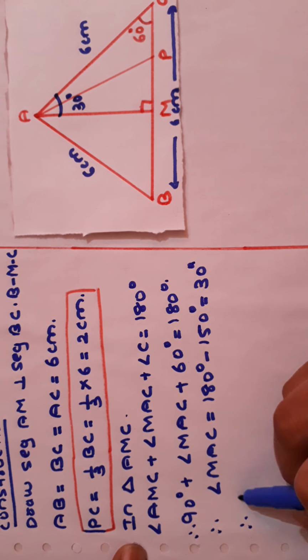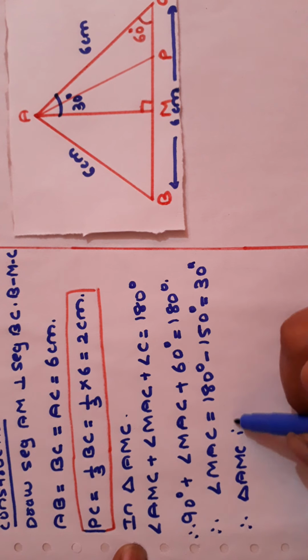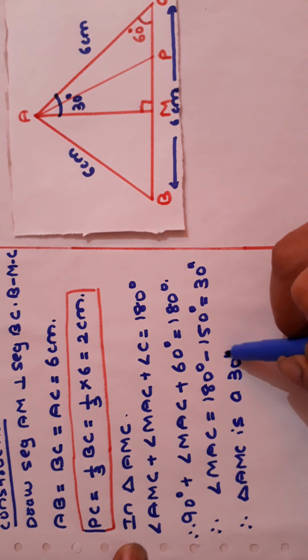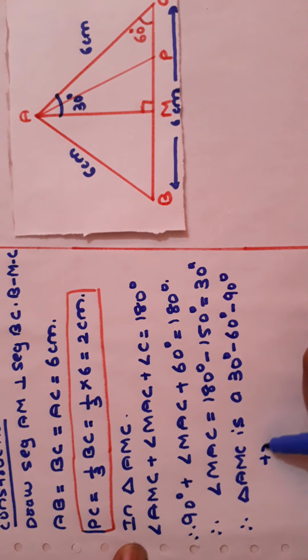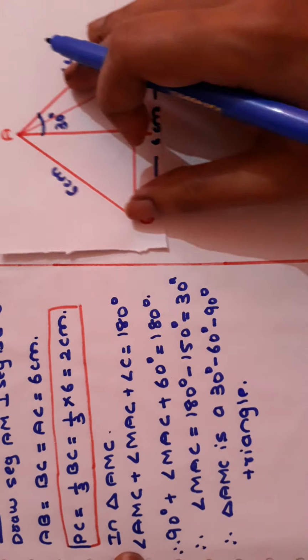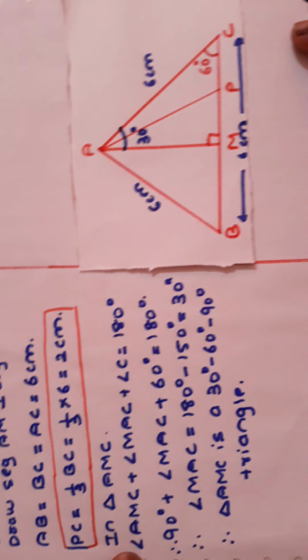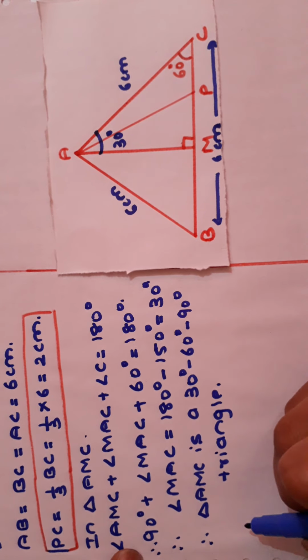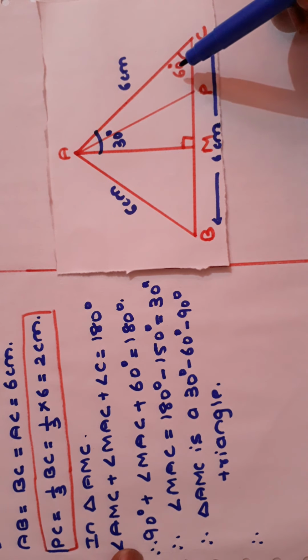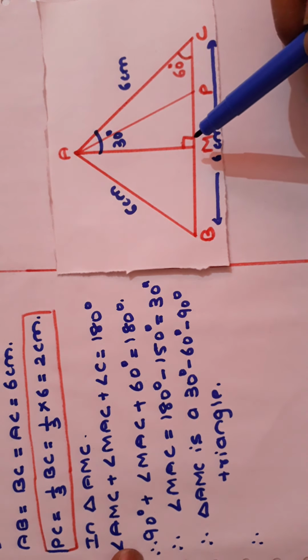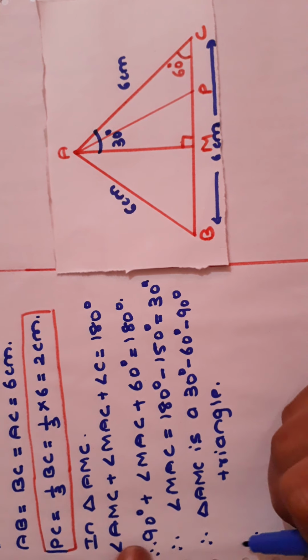So that means triangle AMC is a 30 degree, 60 degree, 90 degree triangle. And therefore we can use the theorem of 30, 60, 90 triangle. The side opposite to 60 degree, that is AM, is √3 by 2 times the hypotenuse.